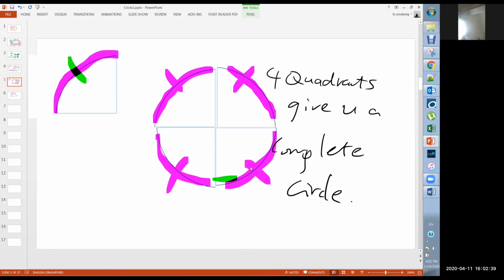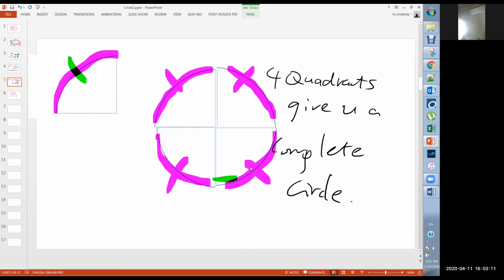Because one circle you have 4 what? Quadrants. Very good. So now I just take one quadrant out. So the purple line here is 1/4 of the circle.